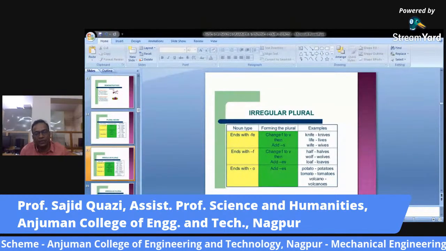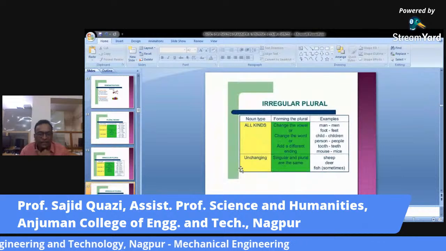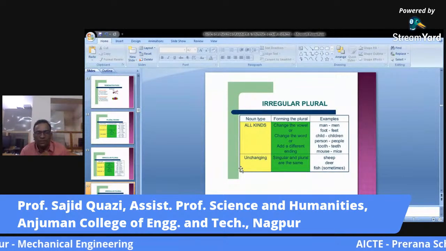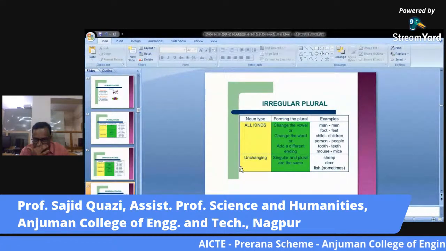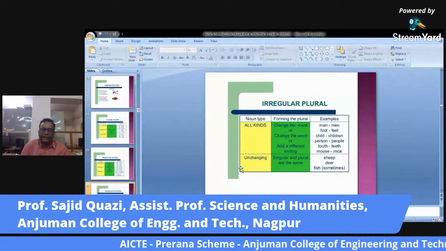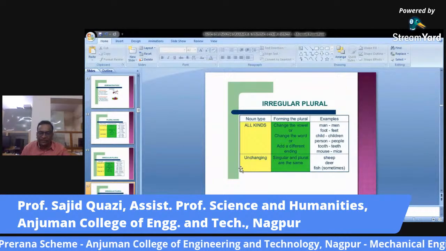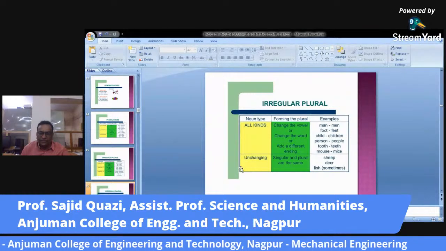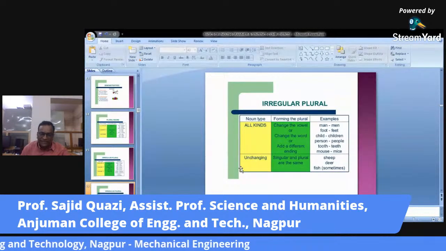These are irregular plural forms. Another category: change the vowel, change the word, or add a different ending. Examples: man, men; foot, feet; child, children; person, people; tooth, teeth; mouse, mice.